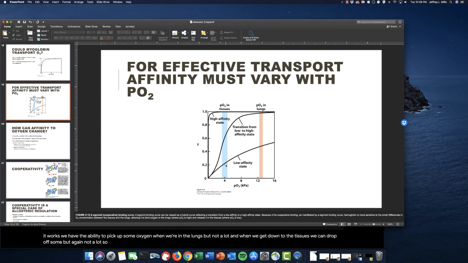So it would be nice if we could have this hybrid curve, some way to take the best of both worlds, right? The high affinity or high saturation when we have high pressure in the lungs, and then the ability to dump a lot of it when we get into low pressure areas like tissue. So we want to talk about how this happens.